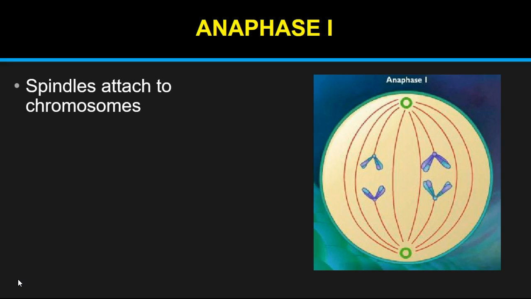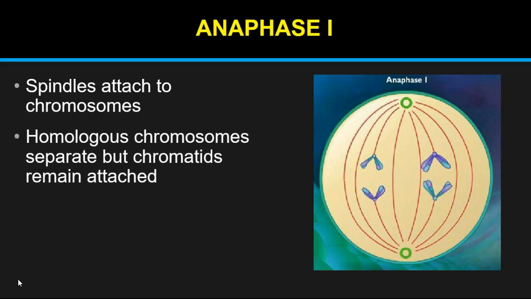In anaphase 1, the spindles that were forming attached to the chromosomes, and the homologous chromosomes are separated, but the chromatids remain attached. Remember, in mitosis, the chromatids were broken apart from one another.